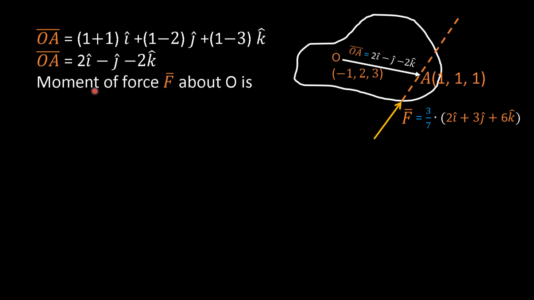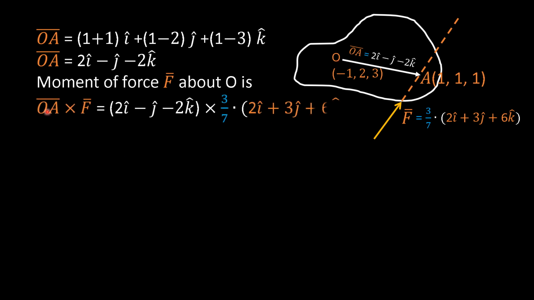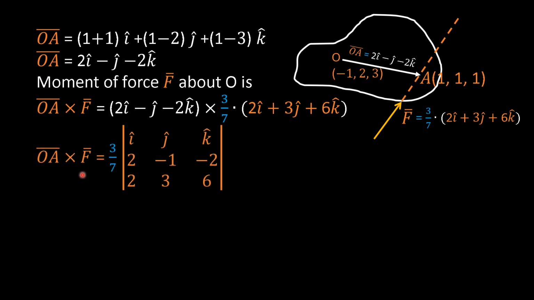Now we have to find the moment of force F bar about point O, which will be OA bar cross F bar. It will be a determinant: 3 by 7 times i cap, j cap, k cap, 2 minus 1 minus 2, 2, 3, 6.